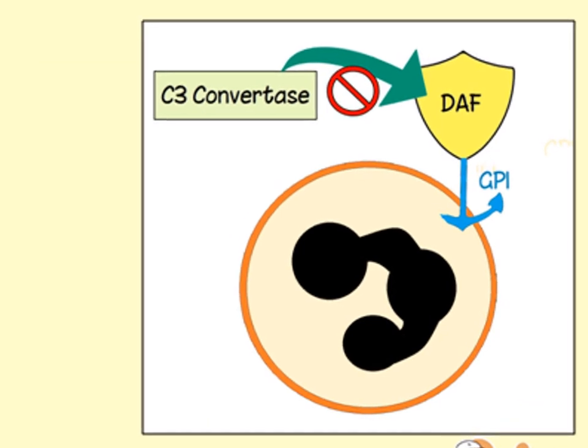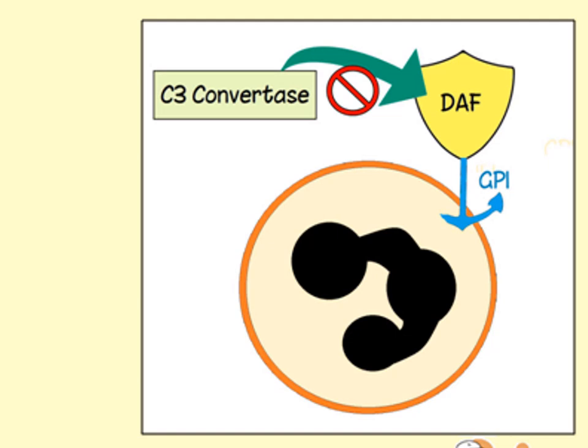GPI anchors DAF molecules to the cells. If there is an acquired defect in the anchor, in the GPI, the DAF or CD55 cannot attach to the bone marrow derived cells, in particular the red blood cells, platelets, and neutrophils.